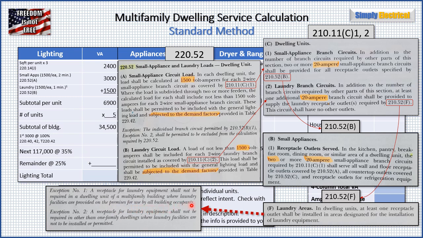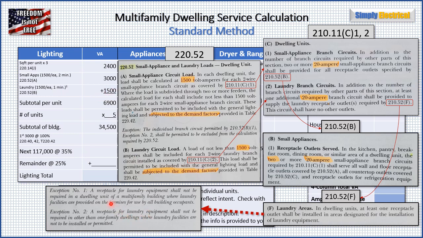So if there are not laundry provisions in the dwelling units themselves, then you do not have to have a laundry circuit added here. I have this note 1 written down here. I know it's hidden behind this insert, but it just says that very thing: if you don't have a laundry, you don't need to put this value here.